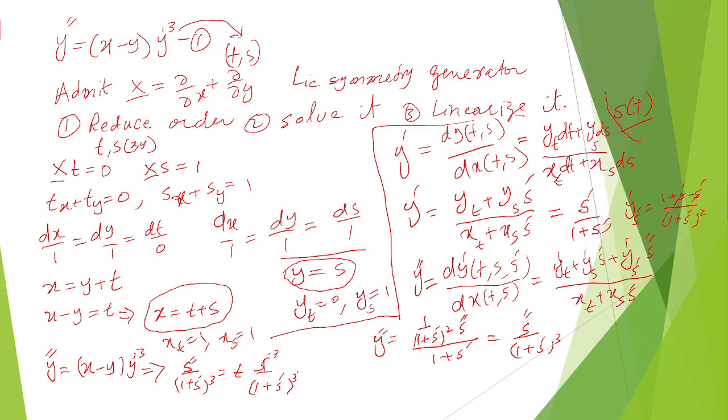Okay, so this denominator will cancel with the denominator, and we get the equation s double dash is equal to t s dash cube. So this is the equation in the s and t form.